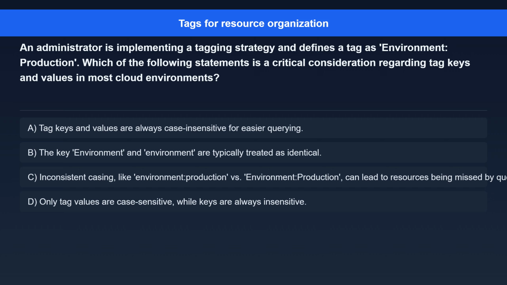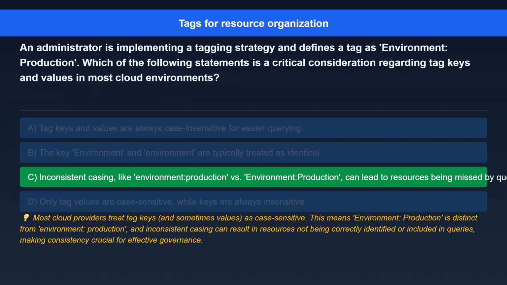Option B, the key, Environment, and environment are typically treated as identical. Option C, inconsistent casing, like environment production versus Environment Production, can lead to resources being missed by queries. Option D, only tag values are case-sensitive, while keys are always insensitive.